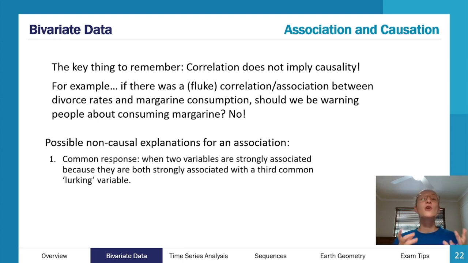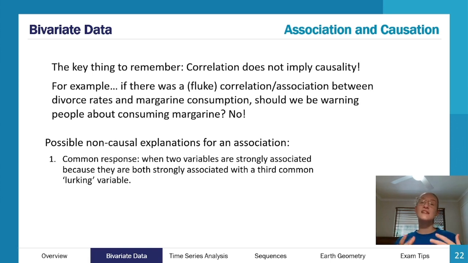So the first one, common response: when two variables are strongly associated because they are both strongly associated with a third common lurking variable. So this is where general maths isn't black and white using formulas. You've got to do a bit of thinking, which is why I find it quite interesting.